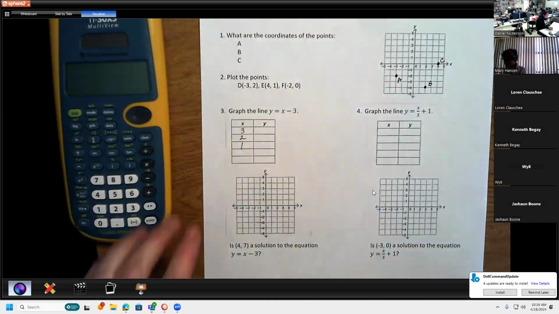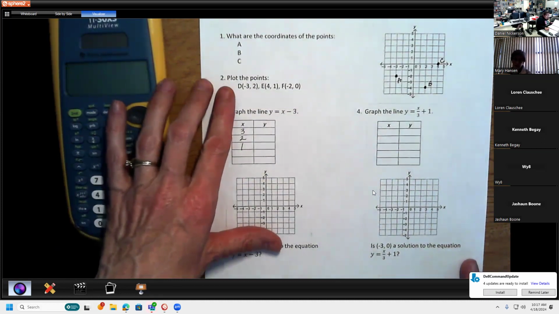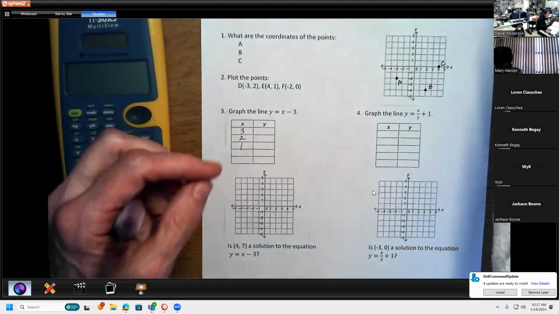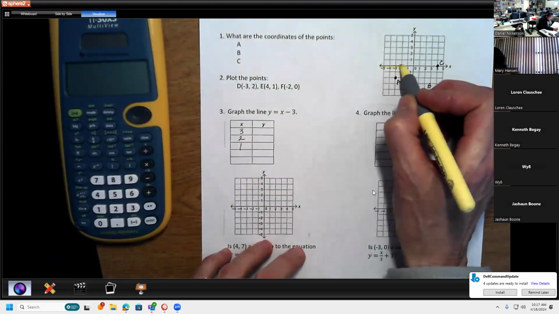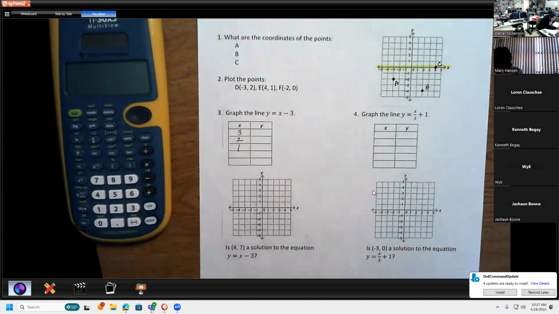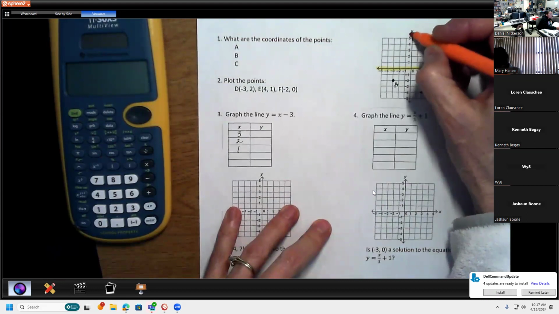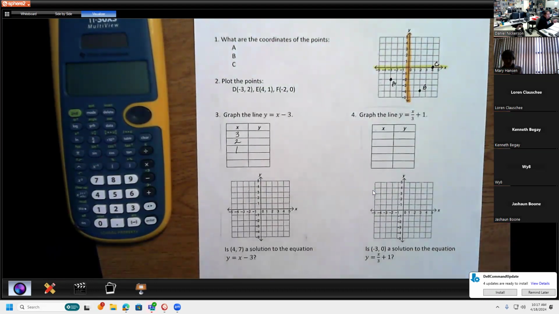So the first thing we started with on Tuesday is how to identify a point by coordinates. If you were here, we talked about that there's an x-axis in yellow, and there's a y-axis in orange. The x-axis is just like a number line.